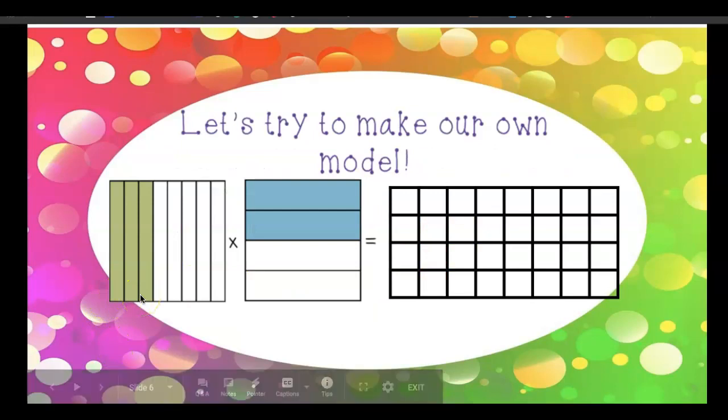So if we want to make our own model, I'm not sure if I can do this. You might have to try it. I'm not sure if I can do it in present mode, but I have this fraction here, which is, we have how many parts? 1, 2, 3, 4, 5, 6, 7, 8. So I have 3/8 of 2/4, or 1/2, okay? So I have my eighths here, and then I've divided it into 4 pieces.